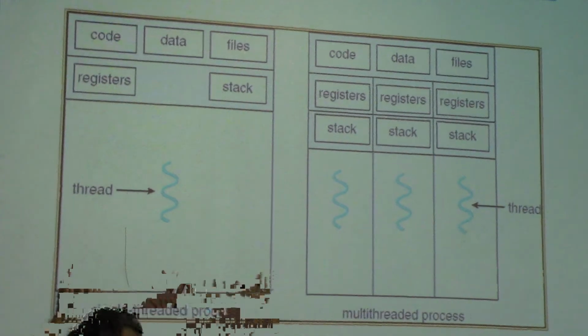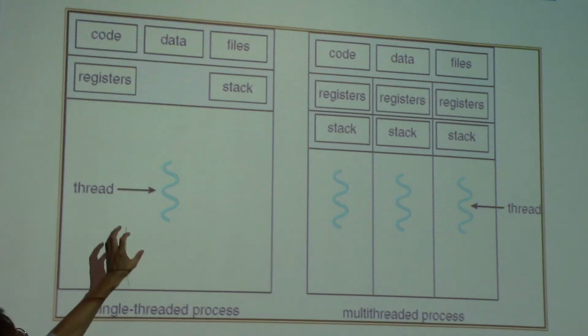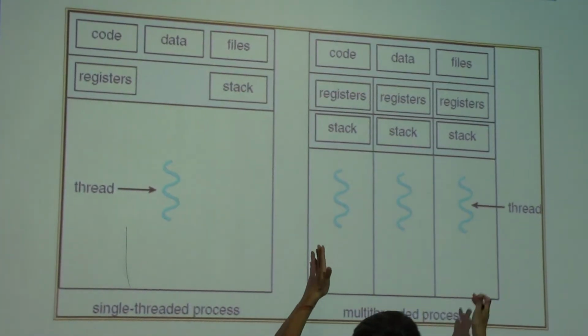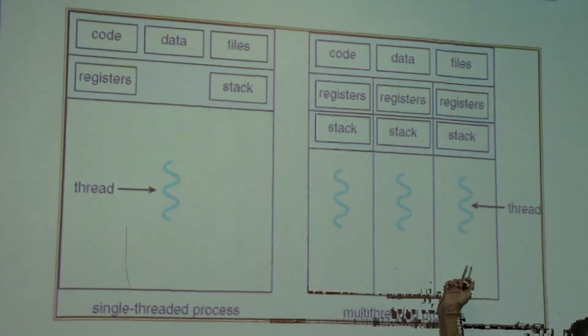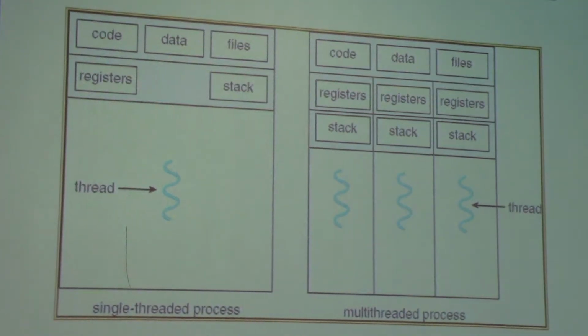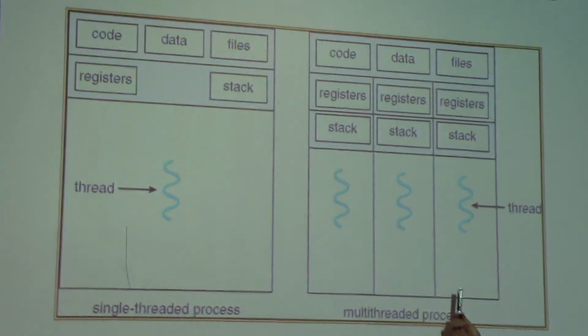In this case, we use the process memory structure with only one thread of instruction. But here, for the same size of memory, we use 3 threads. So it's a kind of parallel processing within one process. As many as possible?